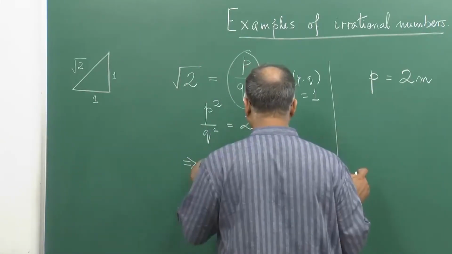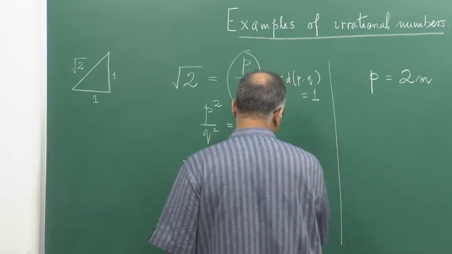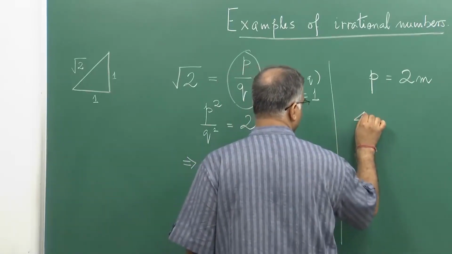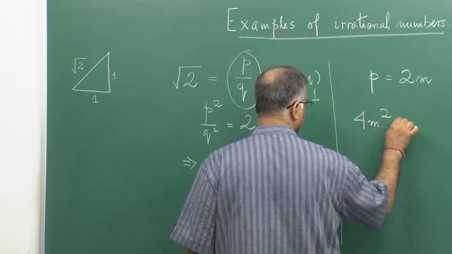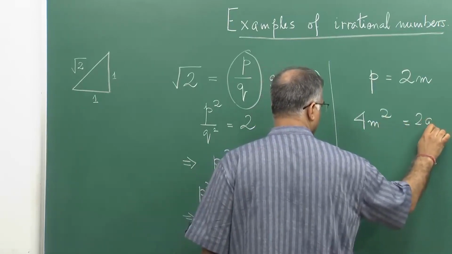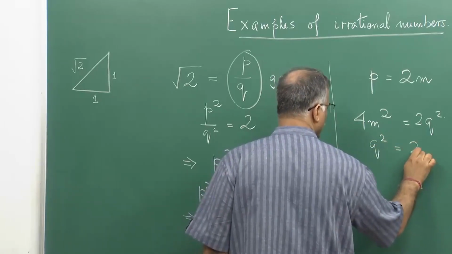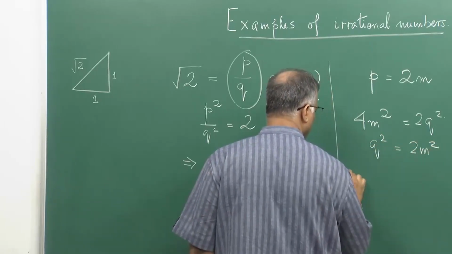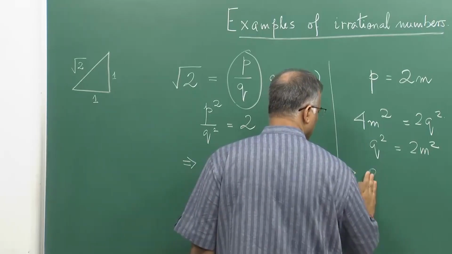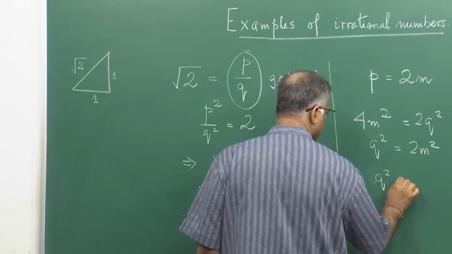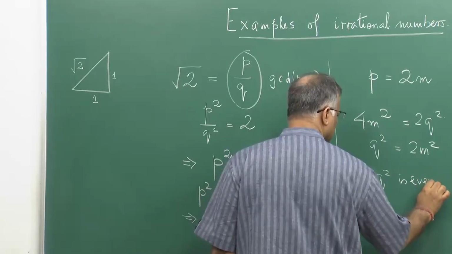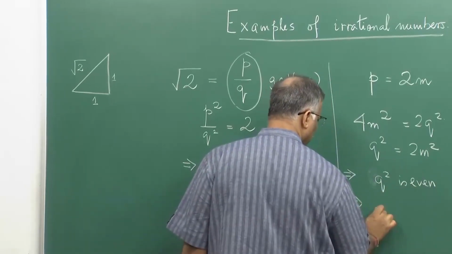So, if p is 2m, I put it in the equation p square equal to 2q square, to get 4m square equal to 2q square, which simply gives me that q square is 2m square, which implies that q square is even. So, it implies that q is even.